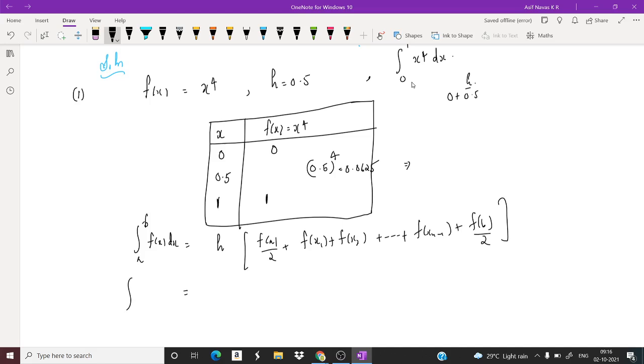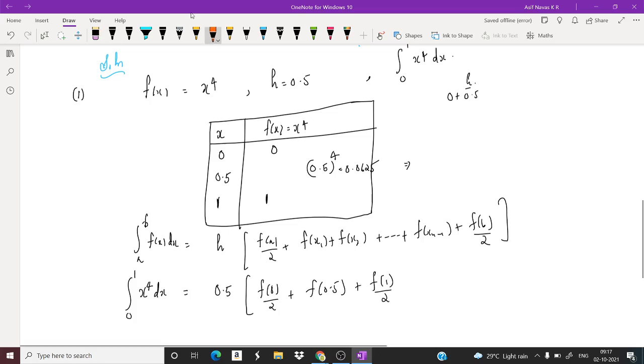Now we integrate from 0 to 1 of x raised to 4 dx. h is 0.5, f(a) is f(0), so f(0) by 2 plus f(0.5) plus f(1) by 2.